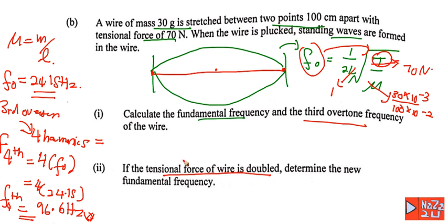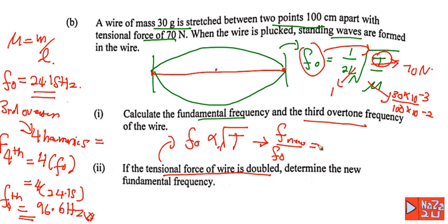The fundamental frequency is proportional to the square root of T. So now here, if you use a ratio between the new frequency and the initial frequency, the new tension is 2 times the initial tension, right?